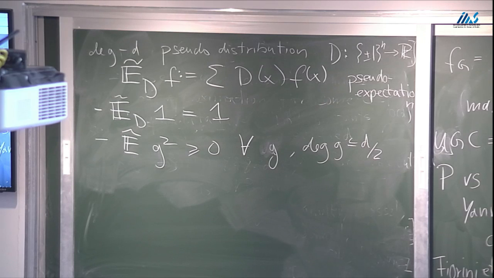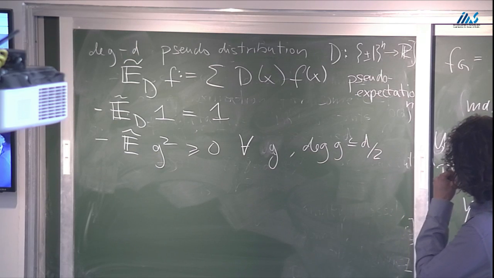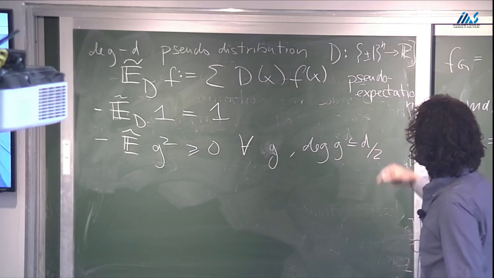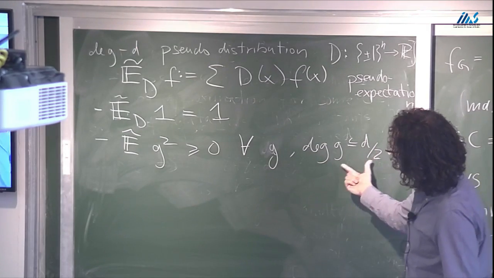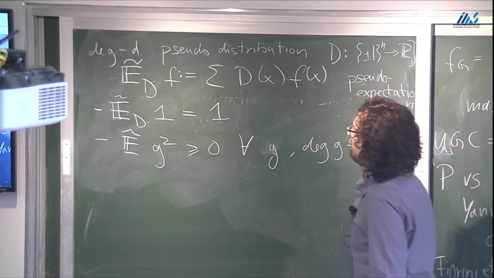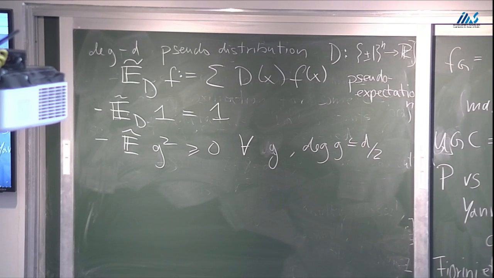So this is a weaker statement than this statement. And you see that if you would choose d to be 2 times n, then here we would capture all non-negative functions. Yes, it coincides.